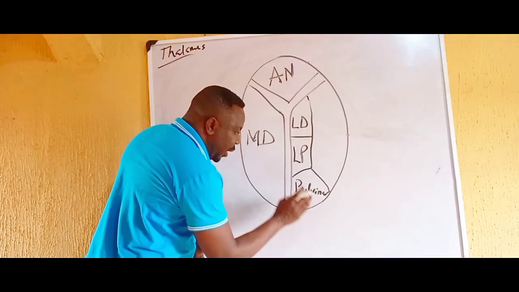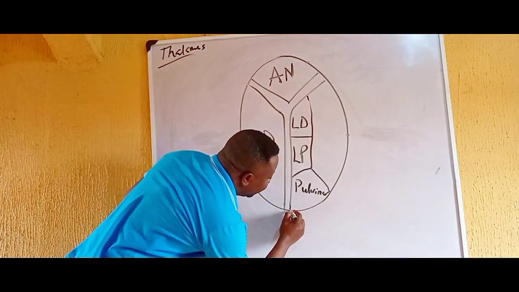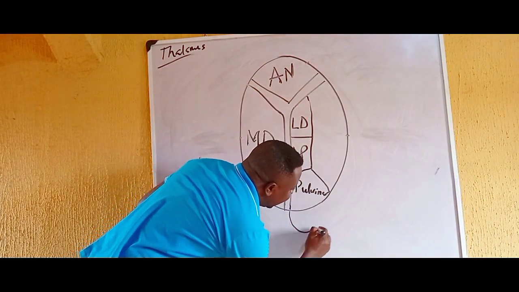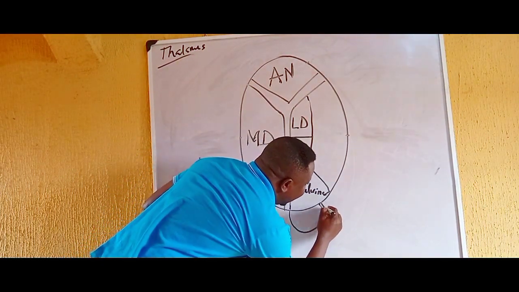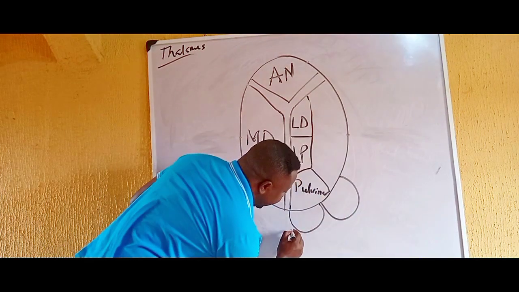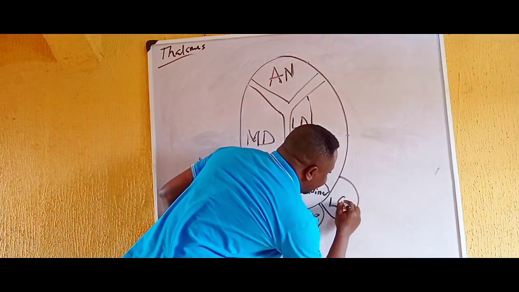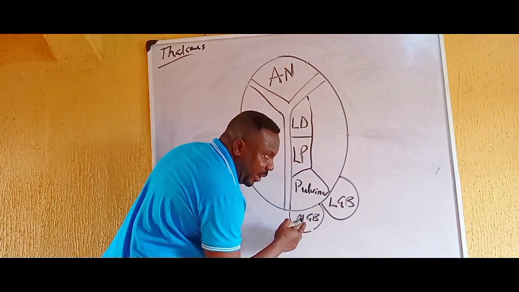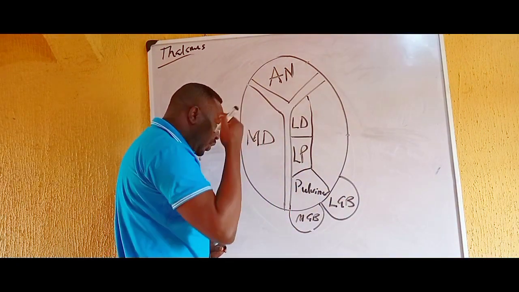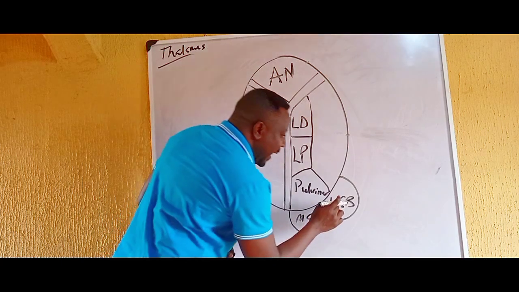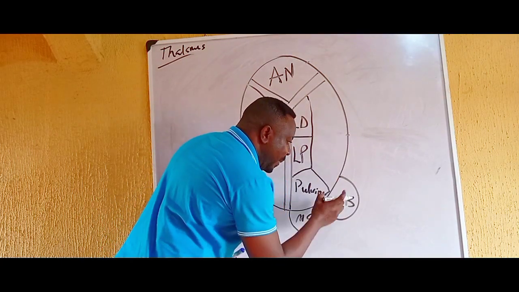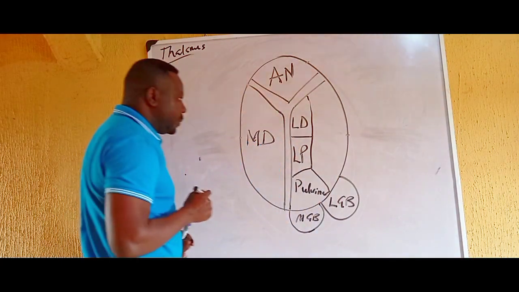Also, just inferior to the pulvinar, we have the medial geniculate body and the lateral geniculate body. So this is the medial geniculate body and this is the lateral geniculate body. The medial geniculate body is implicated in audition, and the lateral geniculate body is implicated in vision.